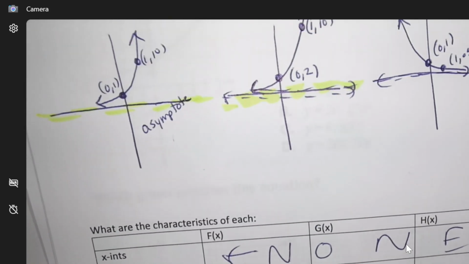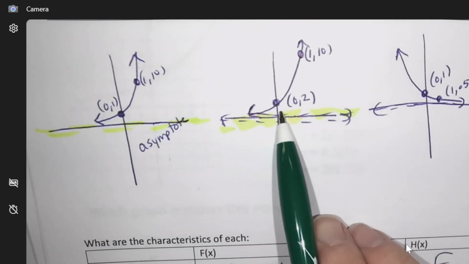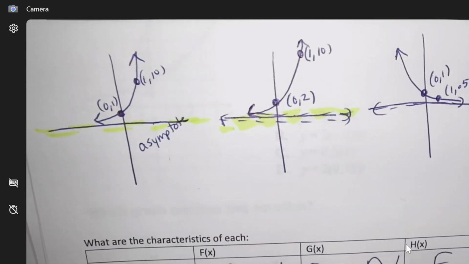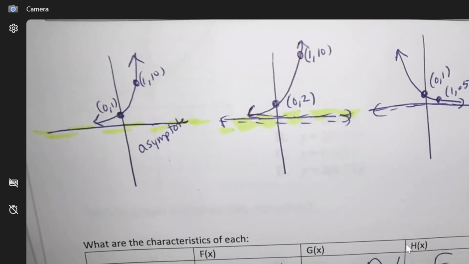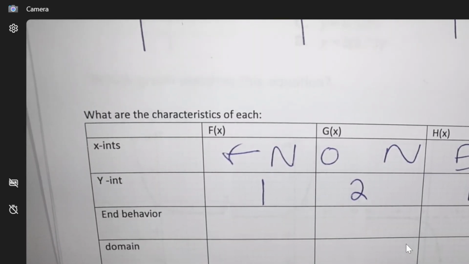Okay, y-intercept. So the first one had a y-intercept at 1. This was 2, this was 1, this was 8. Does anybody have a rule that they would see about what the y-intercept would do?